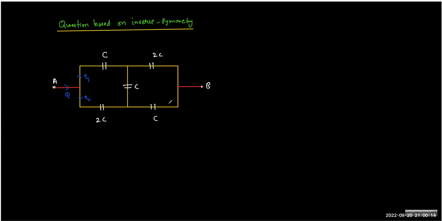Because if you remember the principle of superposition, if I change the polarity, the charge will reverse its direction, isn't it? So if the battery would have been this way, the charge would have gone here as Q1 and here Q2. If I reverse the battery, it will just go this way and this way. Correct?